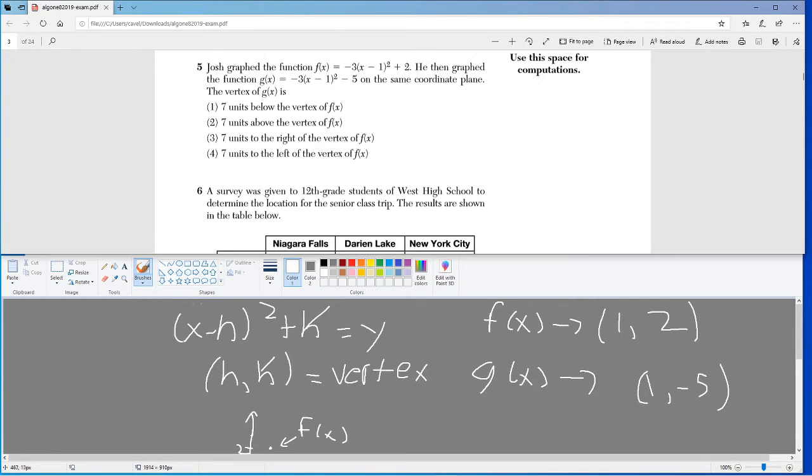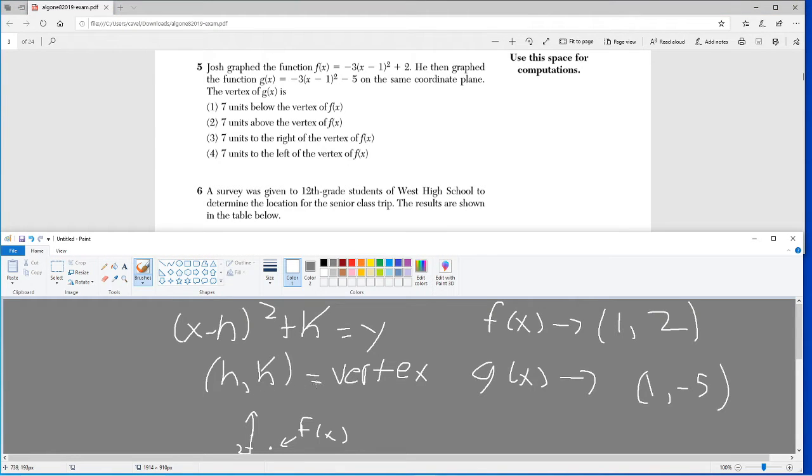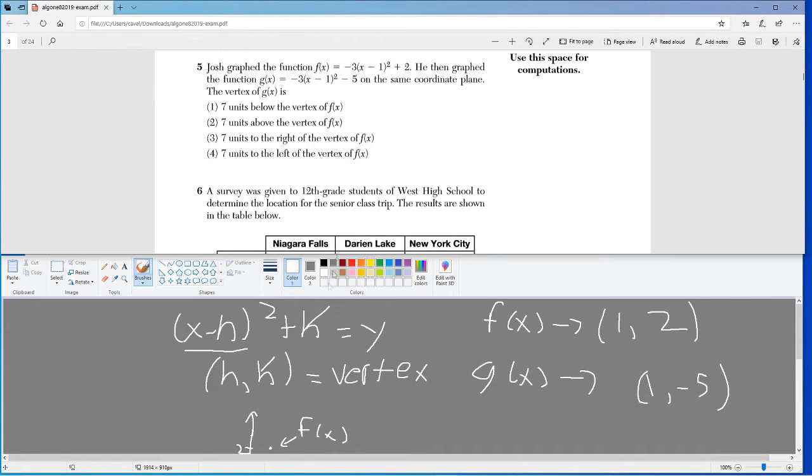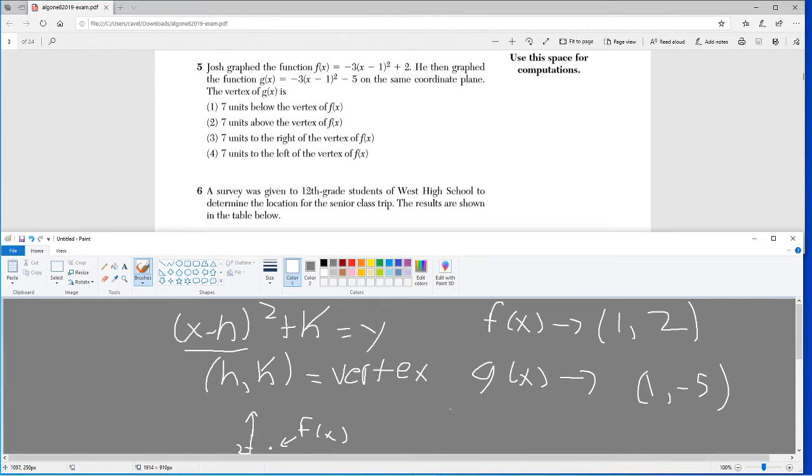But remember, it has to be put into the form x minus h squared plus k. The k in this second one is minus 5, because you would rewrite this equation as g of x equal to negative 3 times x minus 1 squared plus negative 5. So that's why this vertex is 1 comma negative 5.